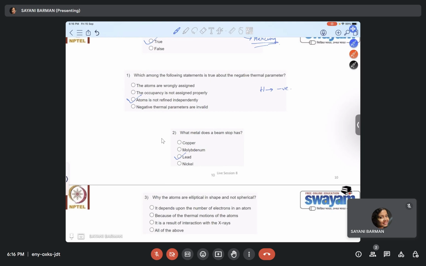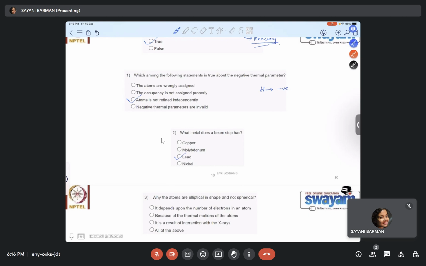Some of these X-rays may travel toward the detector and interfere with the actual diffraction pattern of the crystal. So that is not wanted. That is not desired, right? So by placing a beam stopper, what does it do? Lead will stop the beam from hitting the detector directly.